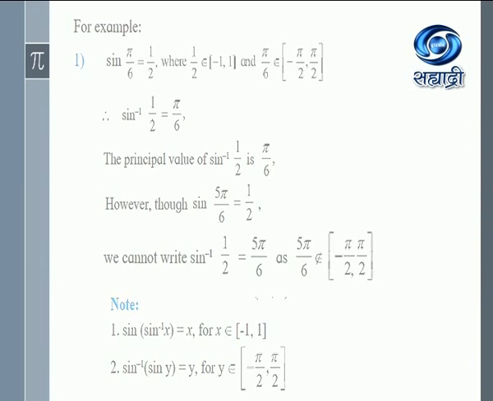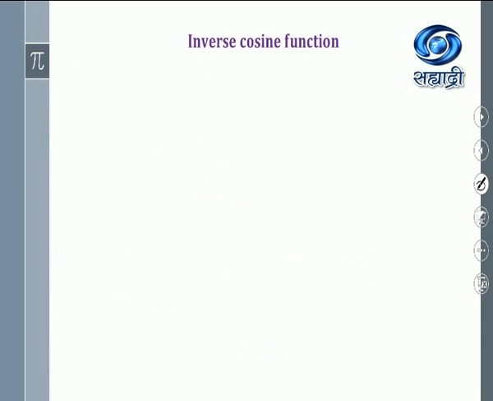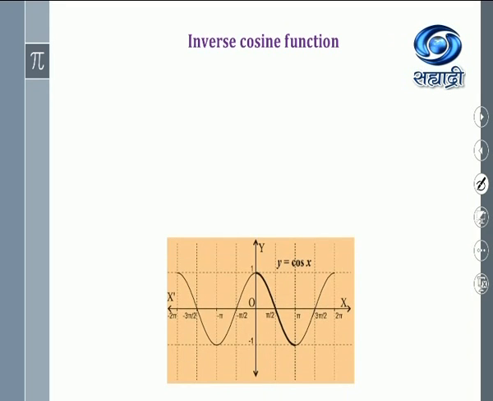Now we move further, that is for inverse cosine functions. Okay, here also we follow the same procedure. Check the horizontal line test. If I draw the horizontal line here, I'll show by the laser. This is the horizontal line.